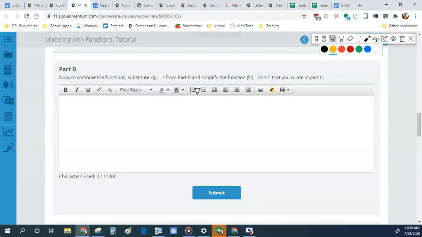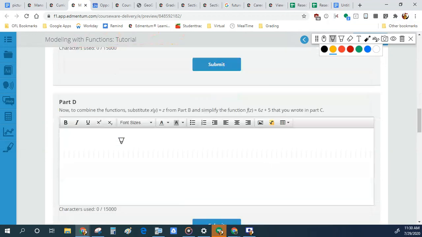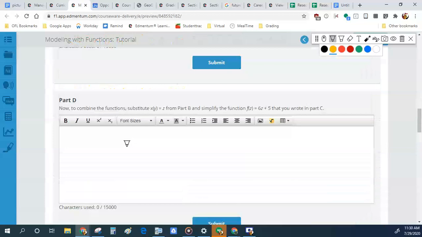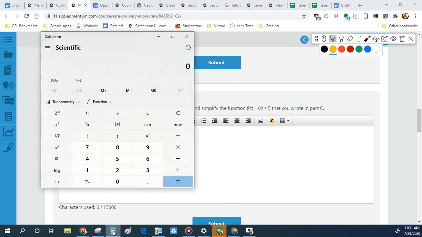Now combine this and justify. Oh, this is the part where I check if I'm right. So let's see. I'm going to do this 24 times 3 squared minus 145, and this becomes 24 times 9 minus 145. 24 times 9, 216.